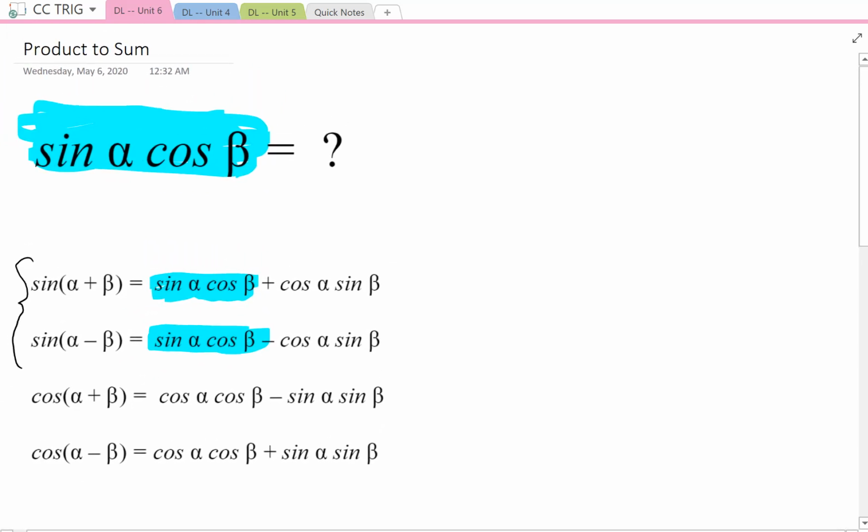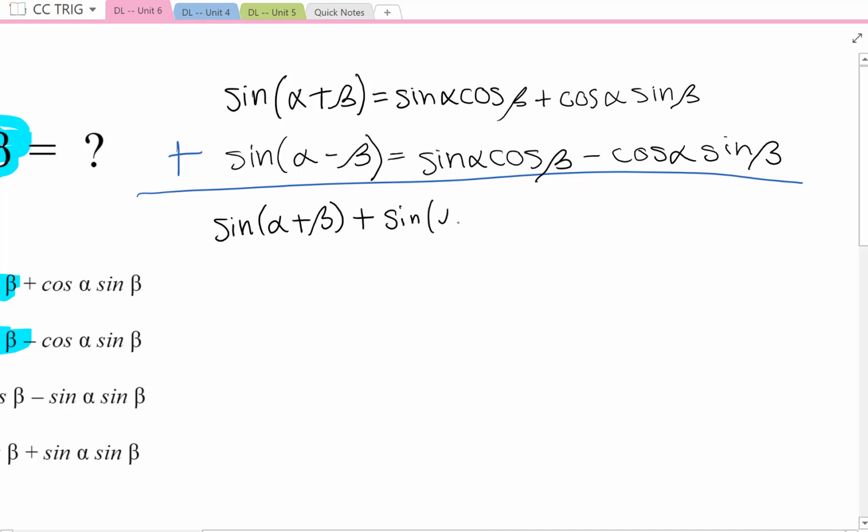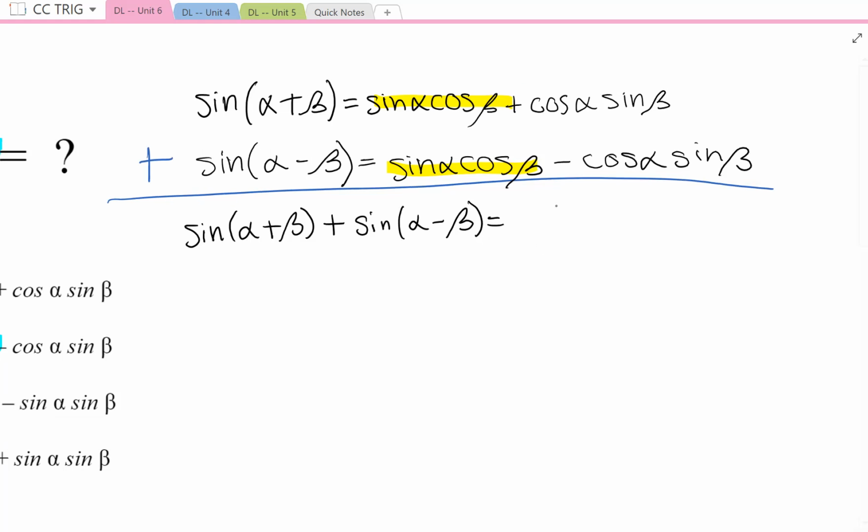Take these two equations and we are going to add them together, right? We do not want to get rid of sine alpha cosine beta, so we'll add them together. Sine alpha plus beta plus sine alpha minus beta equals sine alpha cosine beta plus sine alpha cosine beta.